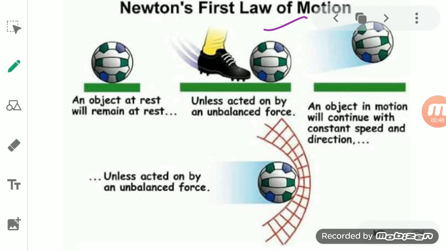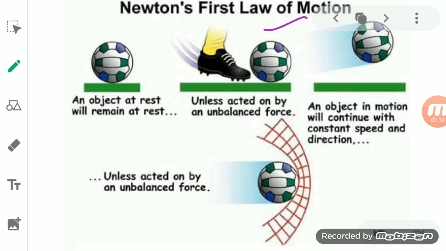So Newton's first law of motion, if you see, there are some objects which do not move. We can say that they are stationary objects, or they are at rest position. While the other objects are in motion.